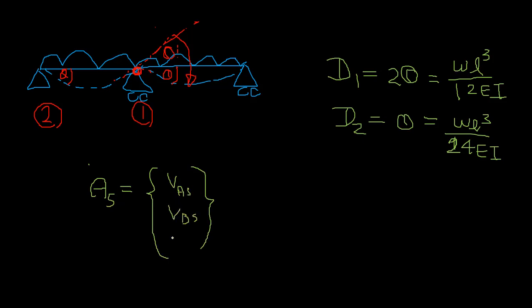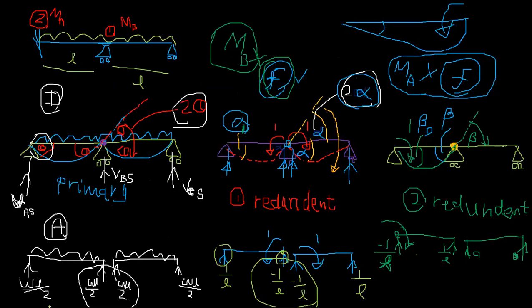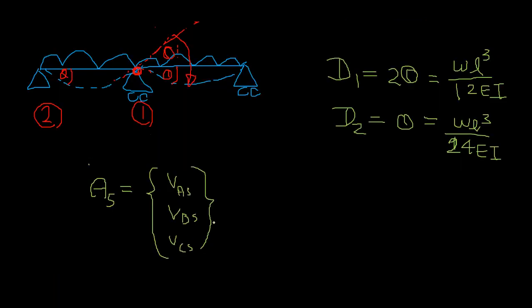Yes. And BCS, right? So what are those actually? So we calculated BAS is WL over 2. This is WL contributed by both ends.